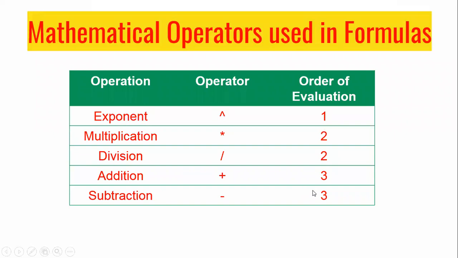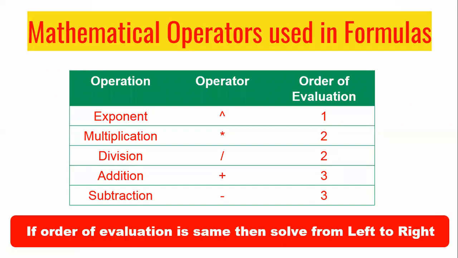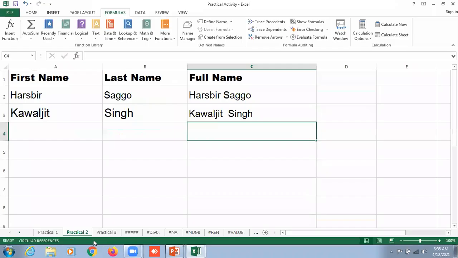अब एक और important चीज देखना. If order of evaluation is same, then solve from left to right. इसका मतलब है अगर मेरे पास multiplication और division या फिर addition और subtraction same step पे आ जाएंगे, then we are going to solve it from left to right. Kindly concentrate on a practical.